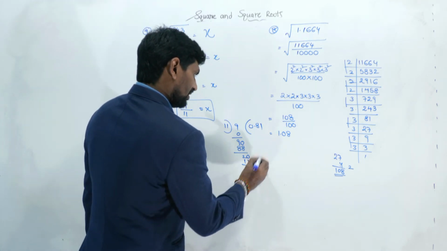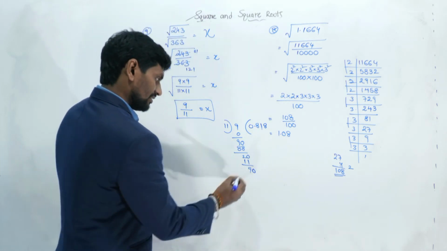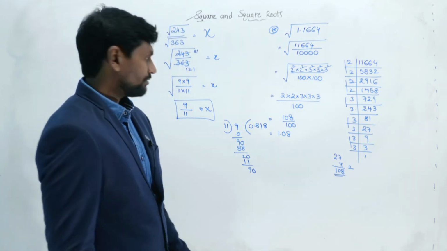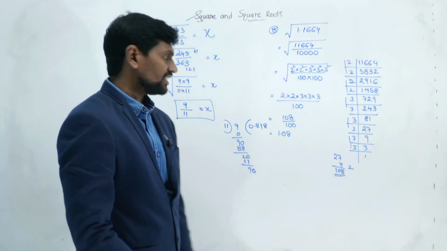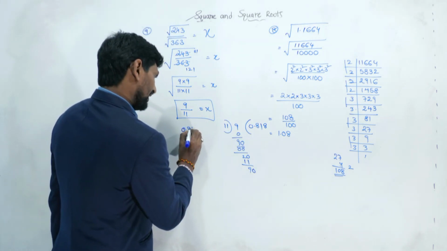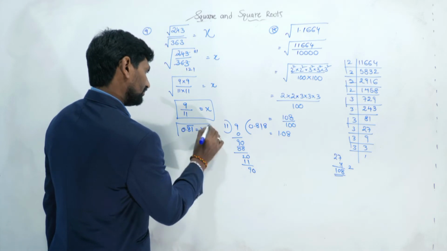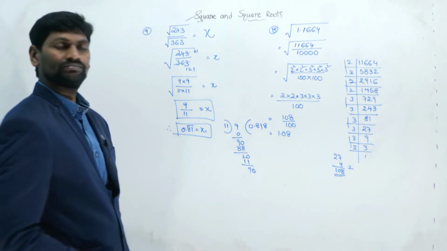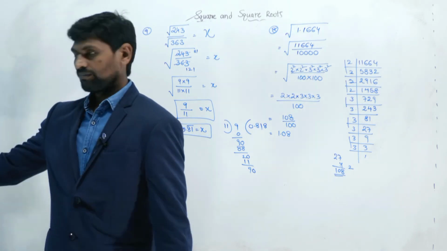Again 0, 11 eights are again 88. That means 81, 81, 81 like that will come. So we can write this as 0.81 bar. This is our required answer.